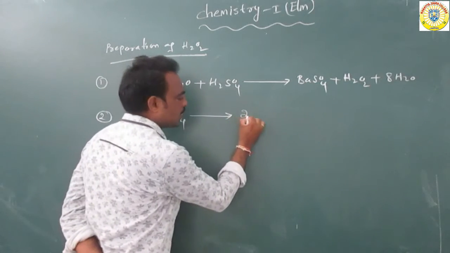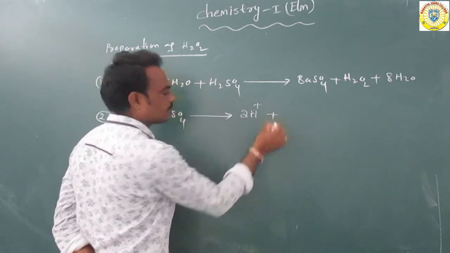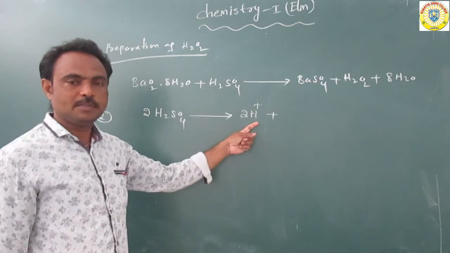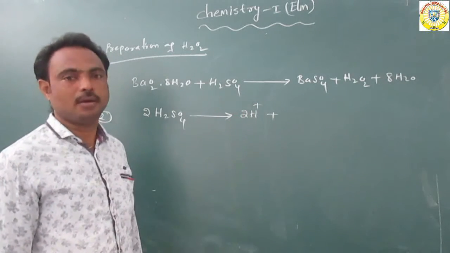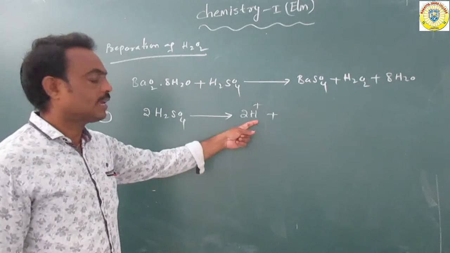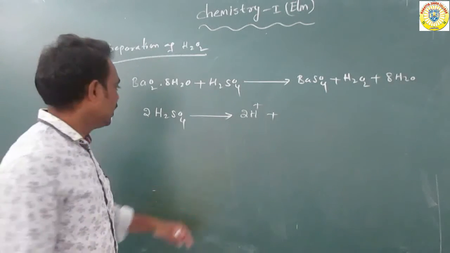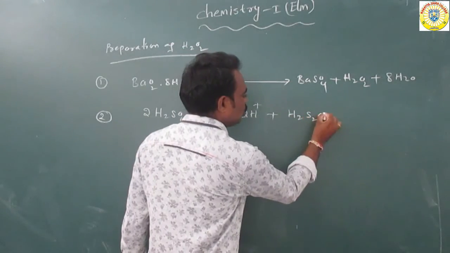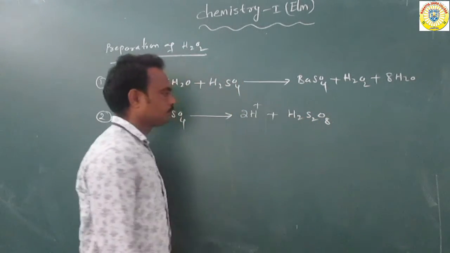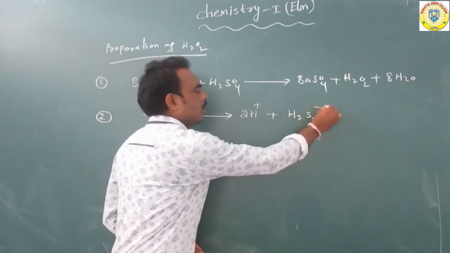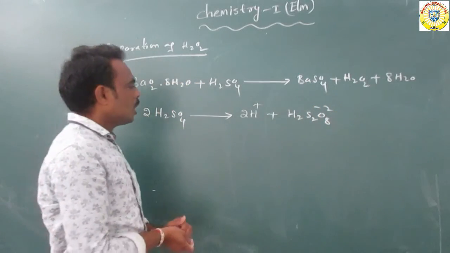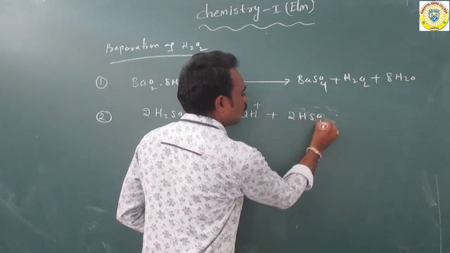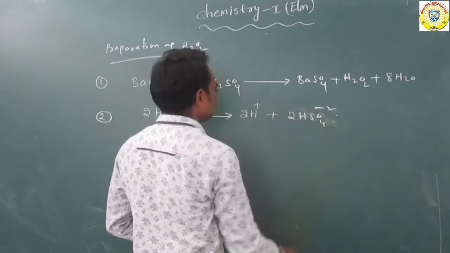Suppose, how many hydrogen atoms are there? 4. First, 2H+, which means hydrogen ions, or cations. Next, 2HSO4-.